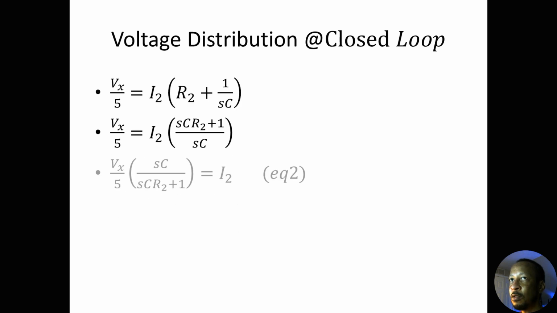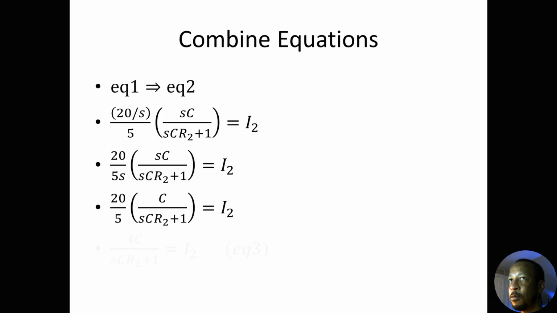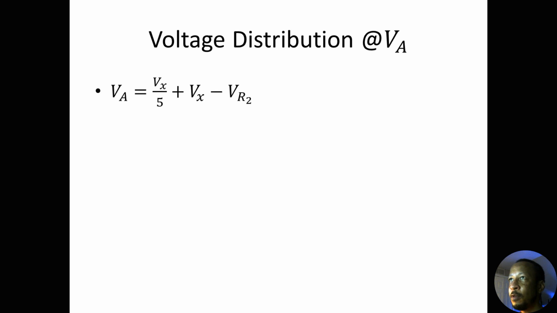And so let's go back over to where we were before. Voltage distribution at VA. So we have VA equals Vx over 5 plus Vx minus V of R2. And so now I start to break that into components here. I2 times R2. And we have something for I2.